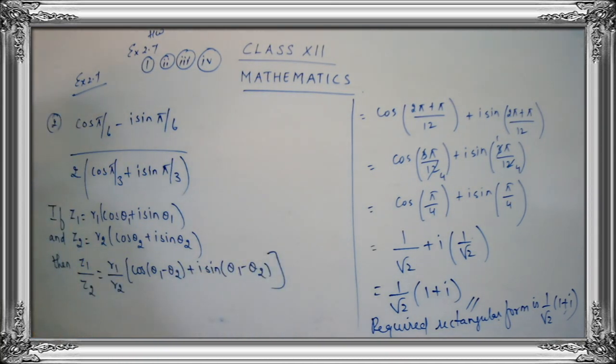Remember the properties, children. So what are the two complex numbers you are having over here? r1 cos theta 1 plus I sin theta 1, and what is z2?